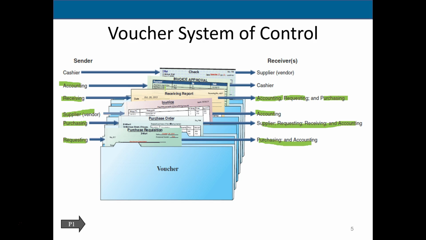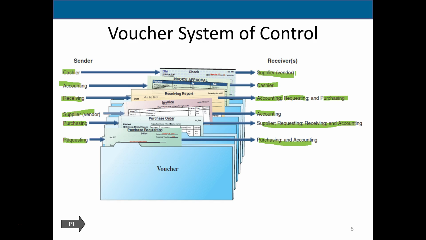They will often take the receiving report, compare it to the purchase order, and see that we received what we should have, and make sure that everything is there. Then they're going to go to the cashier, and the cashier then will prepare the check, which will eventually go to the supplier. And of course the check would have to be approved and signed before it went out.